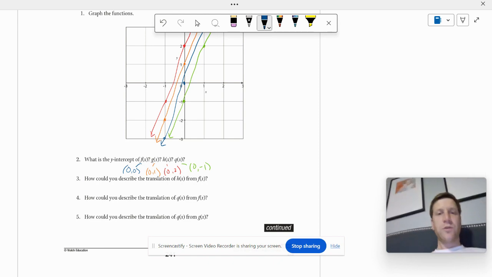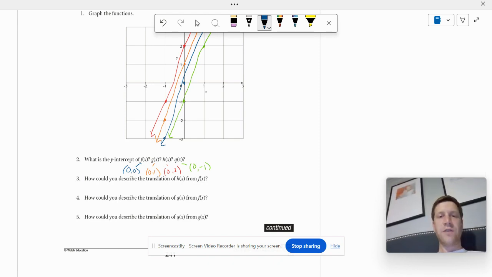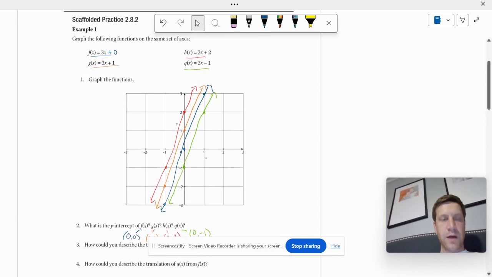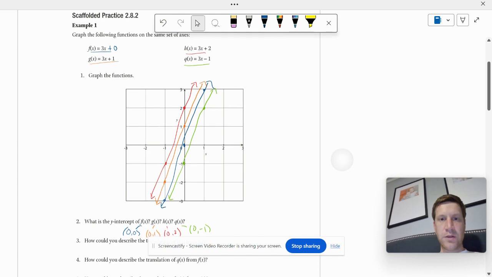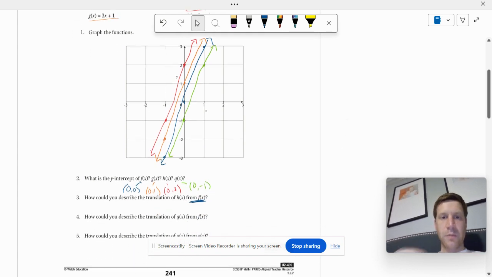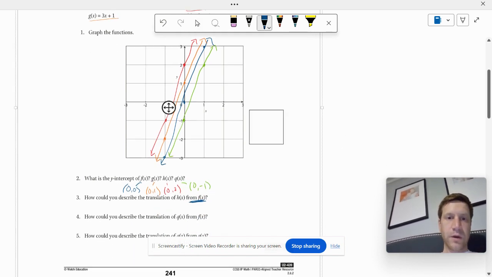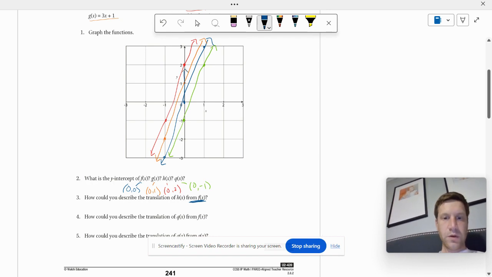So how would you describe the translation of h of x from f of x? So I start at f of x in blue to h of x in red. It looks like I'm going up 2 units, right? So shift up 2 units.